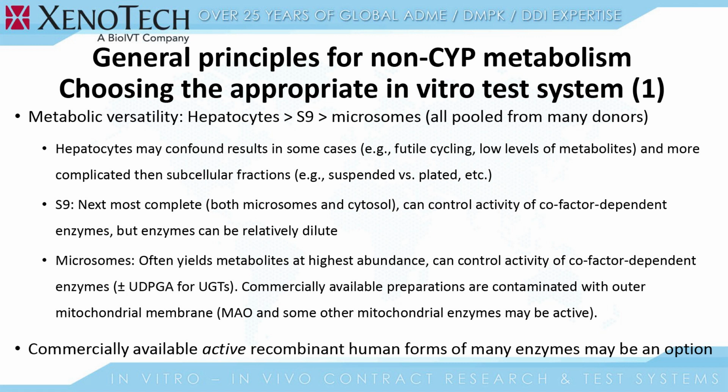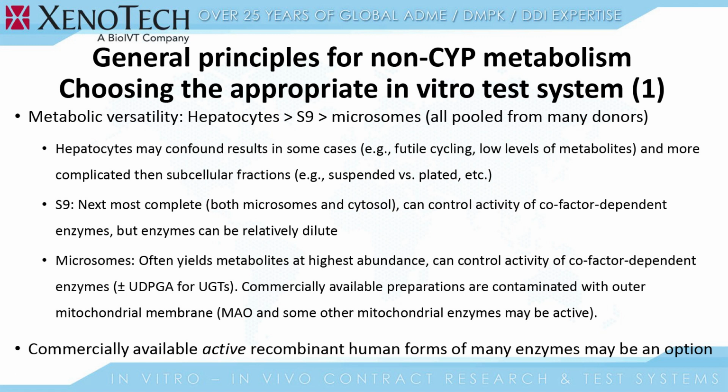The next versatile test system in this ranked list would be microsomes. Microsomes often yield metabolites at the highest abundance because they are highly concentrated preparations of various enzymes. Again, since microsomes are not intact living cells, many of the enzymes require certain cofactors to be added for their function. And this can be a benefit, again, because you can control the activity of these cofactor-dependent enzymes.